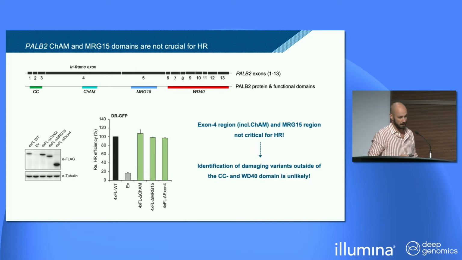This indicates that these regions are not critical for PALB2's function in homologous recombination. We reason based on that, that the identification of damaging missense variants in those regions will probably be unlikely, although it's not direct evidence for that. Hopefully we can compare this statement to the data from Leah Starita's lab quite soon.